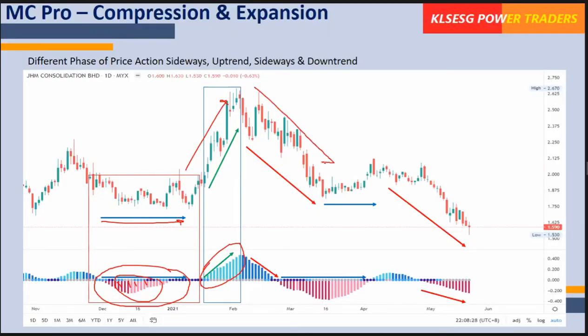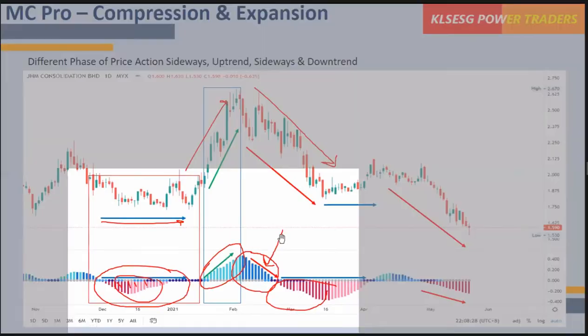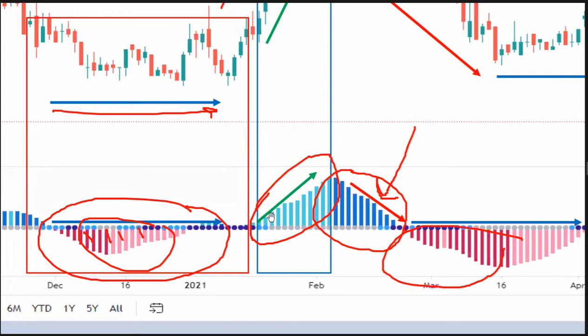When the price is going for a pullback, then the momentum indicator will also show some dark blue color, right? Then you don't enter. You don't enter a trade when it's going for a pullback, when you see dark blue color or red color, you don't enter, right? You only want to enter a trade when you see the light blue color firing up, shooting up. This tells the momentum is going up, the energy release.